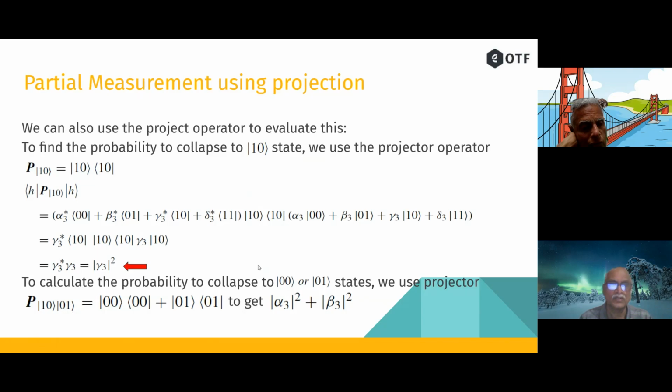These are the two different states, and that is my projection operator, working on either the 00 state or the 01 state. By the same analogy, this will give me a value |alpha 3|² plus |beta 3|².